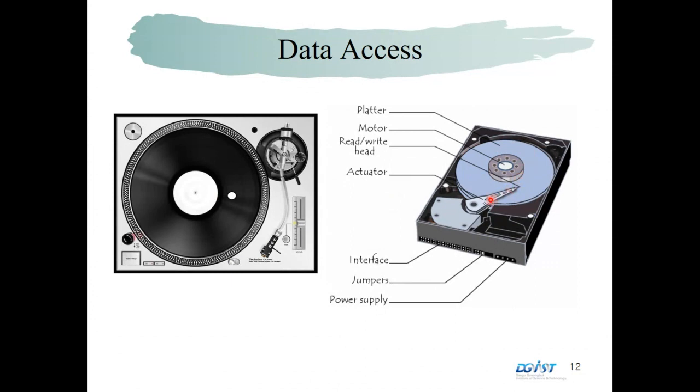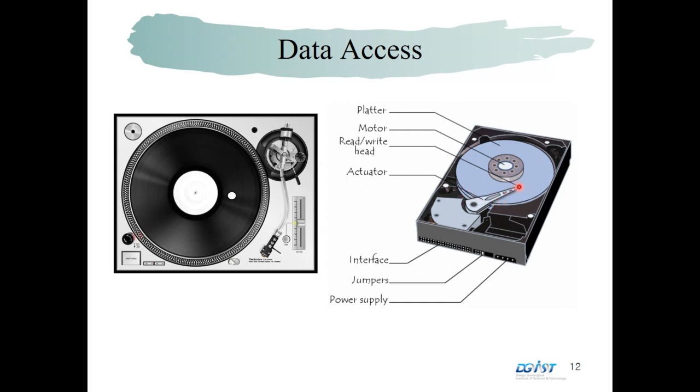In a hard disk drive, there is a rotating plate called the platter. And we have such read arms, and they are moving in the radial direction. So we can access any place on a disk surface. And if you take a look more carefully, there are multiple stacks of platters.